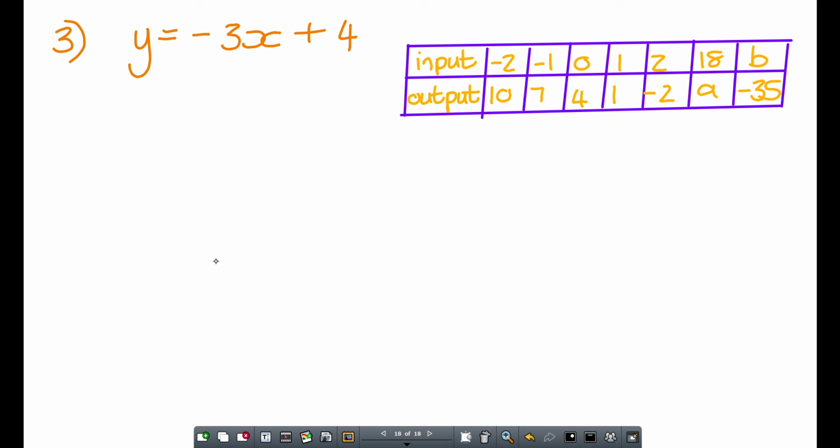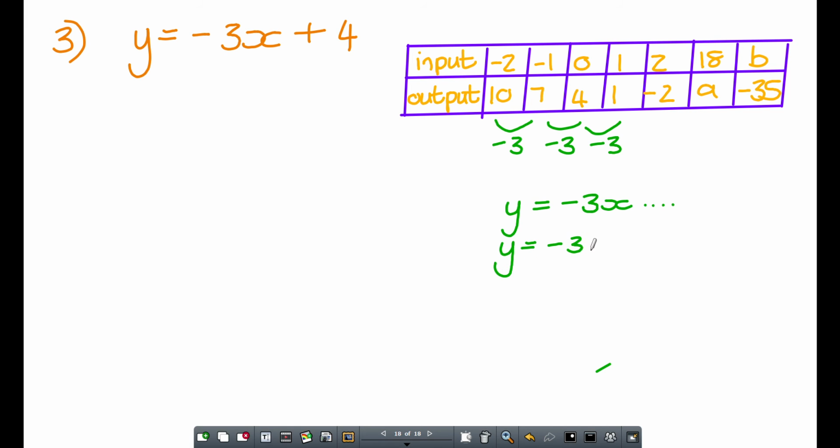Okay, right, so let's look at our output values. This was minus 3, minus 3, minus 3. So that's how you knew it would be y is equal to minus 3x, and then the rest I didn't know yet. So what I then do is I substitute in that x value. If x is minus 2, I'm supposed to get 10.